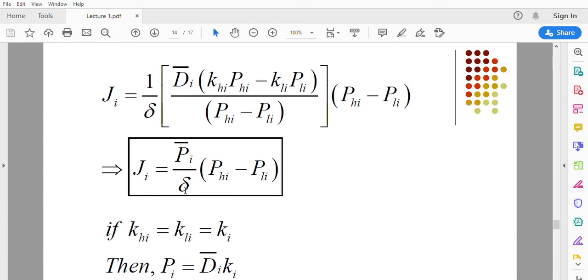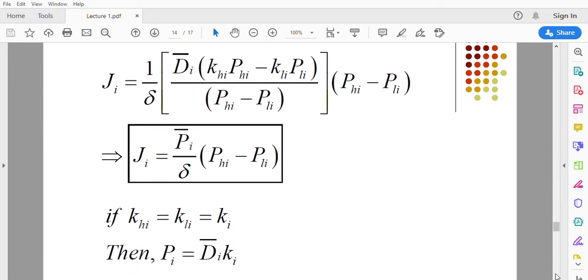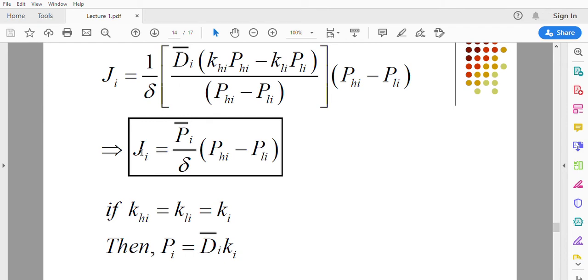Delta is the thickness of the membrane. And if Khi and Kli are equal, then Di becomes D, and it will become Gi equal to Pi by delta (Phi minus Pli).